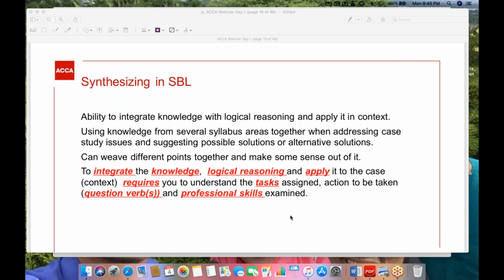Most of the time, you may need to use some common sense. I call it logical reasoning because you need to tie it up with the technical knowledge that you have learned, with some logical sense, and apply it in the context. When I say apply it in the context, it means in the context of the case study that's being given to you. All right.